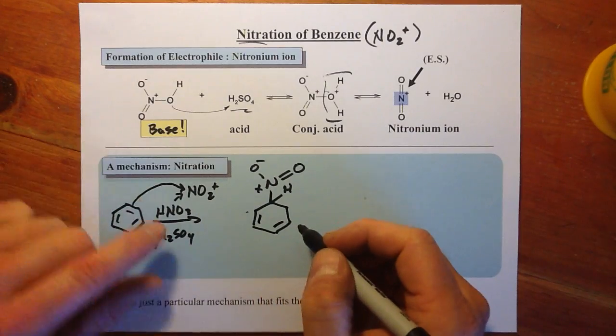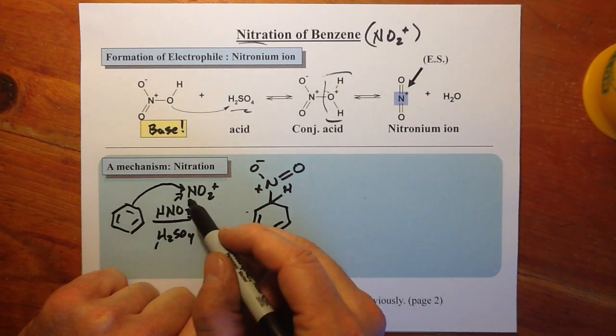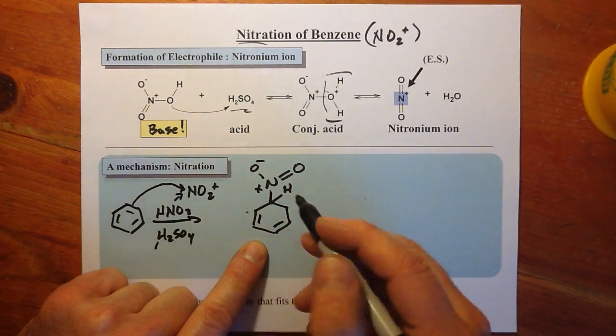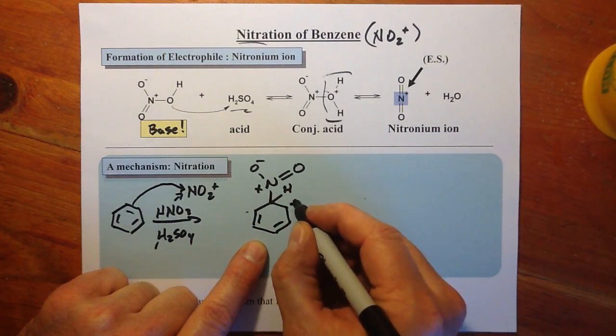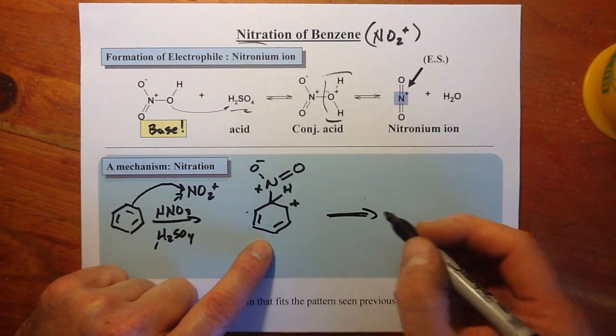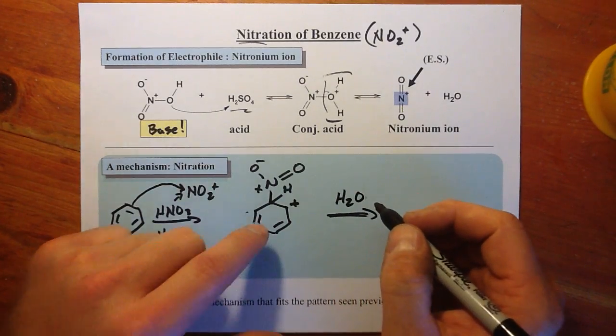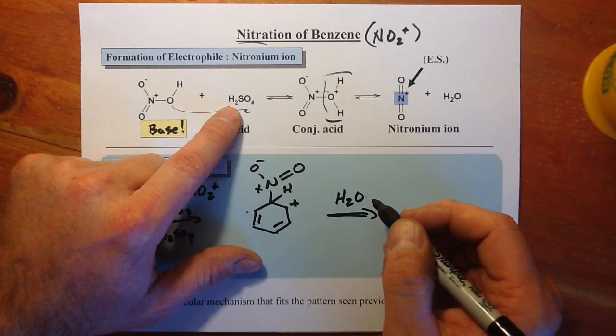Alright, so where's the positive charge in the sigma complex? Because we used the pi electrons to attack the nitrogen in the nitronium ion, that's right next to where the electrophile is bonded. What do we do in the last step? Well, our weak base, we're going to just use water. Doesn't really matter. You could have used the conjugate base of sulfuric acid.